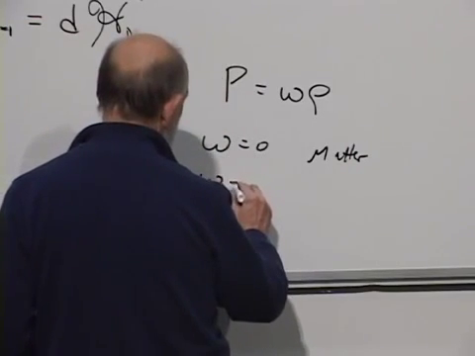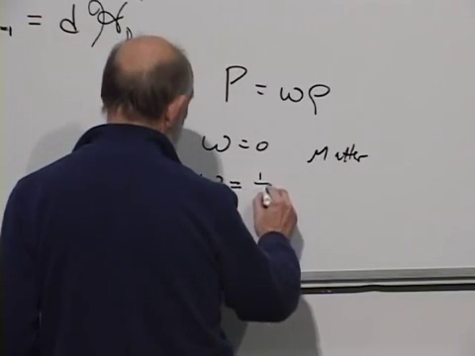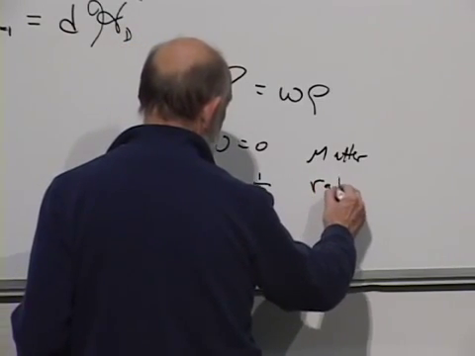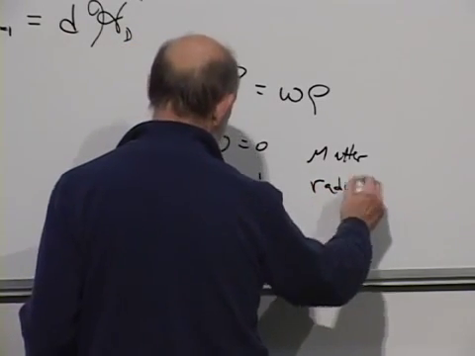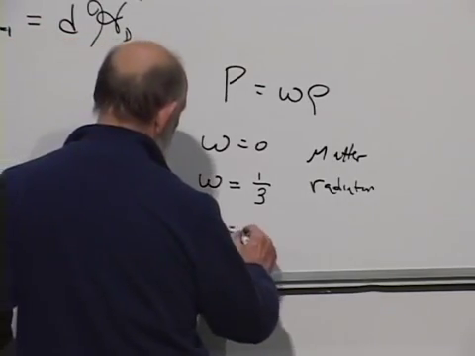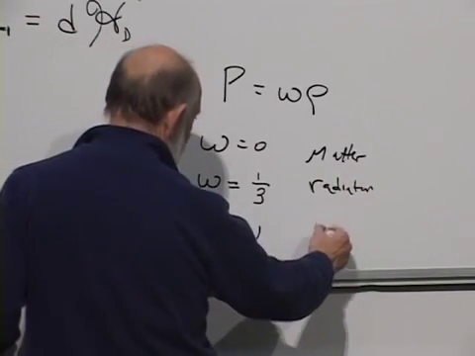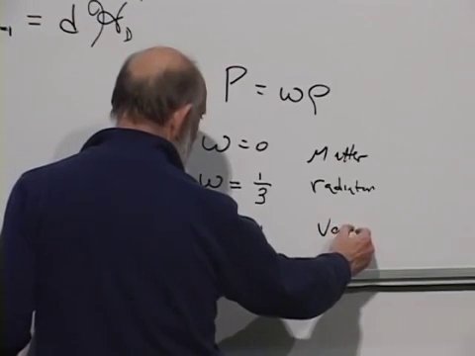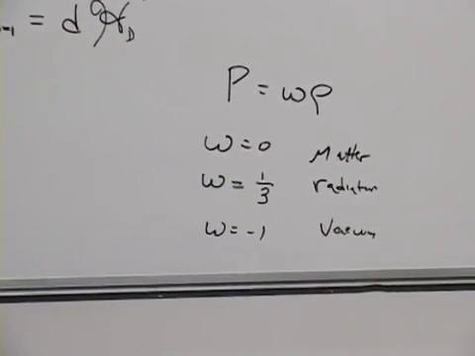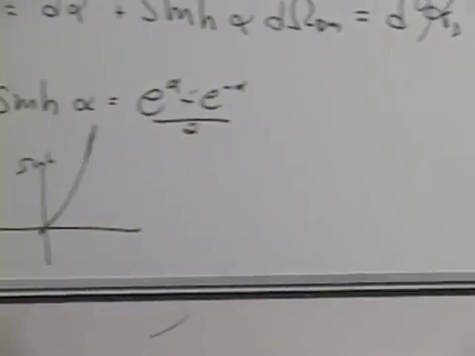W equals 1/3, that's called radiation-dominated. Say it again? And W equals -1 for vacuum energy. So if you just had matter, all the other components of T would be 0? Yeah.